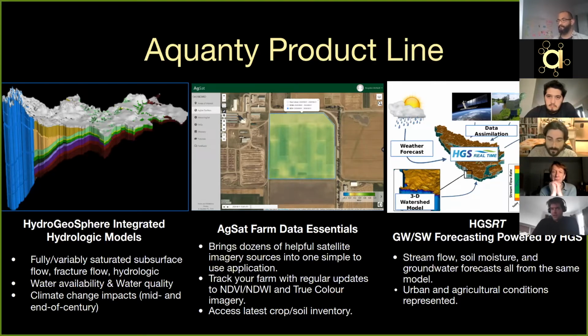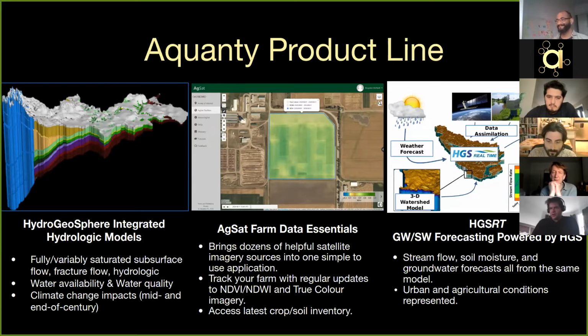And finally, last but not least, is HGS-RT, HydroGeosphere Real Time. This is the whole forecasting platform that's been developed since I've been around, but I helped get it onto the web, and I can't take credit for any of the forecasting aspects.